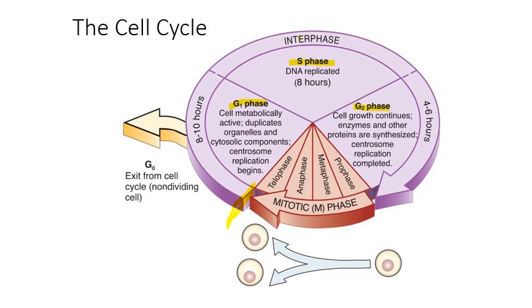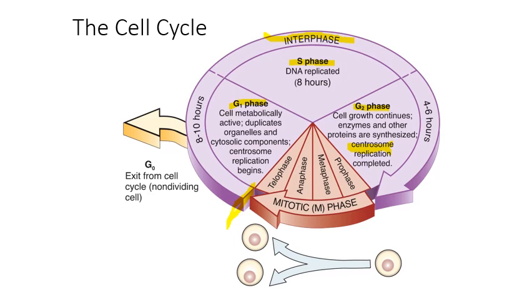So cells continuing to grow, we're still synthesizing proteins, and we're doing one more thing where we are replicating our centrosomes. So this is the pair of centrioles that we talked about in the cellular anatomy video, right? So these three phases, G1, S, and G2, all together are known as interphase. Right? So this is what's happening when the cell is kind of doing its normal job.